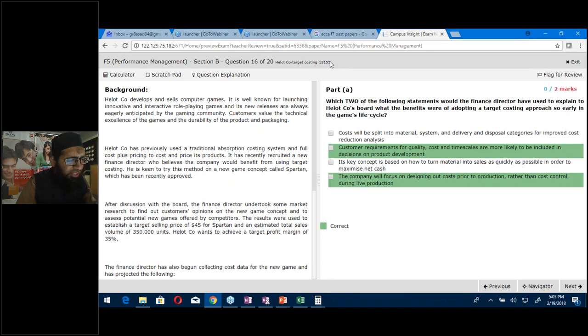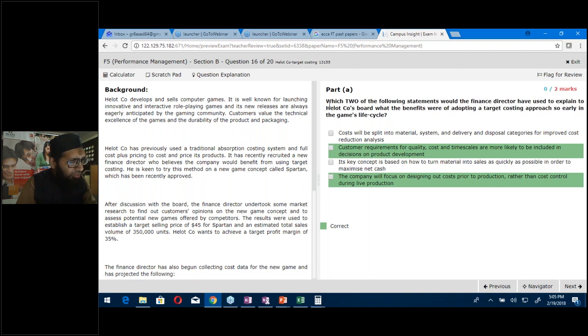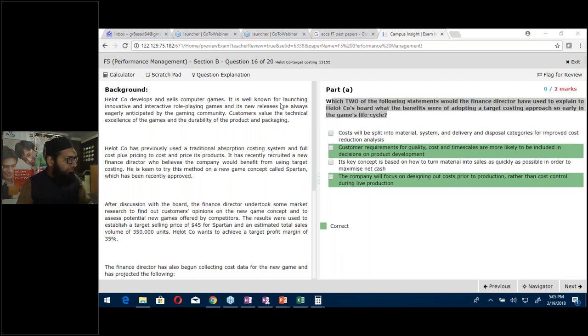This is a relatively easy question. But the tip over here is to first read the requirement, the first requirement, so that you understand which topic this question is from, then read the background and then start solving it one by one. This is the tip to solve an OT case.